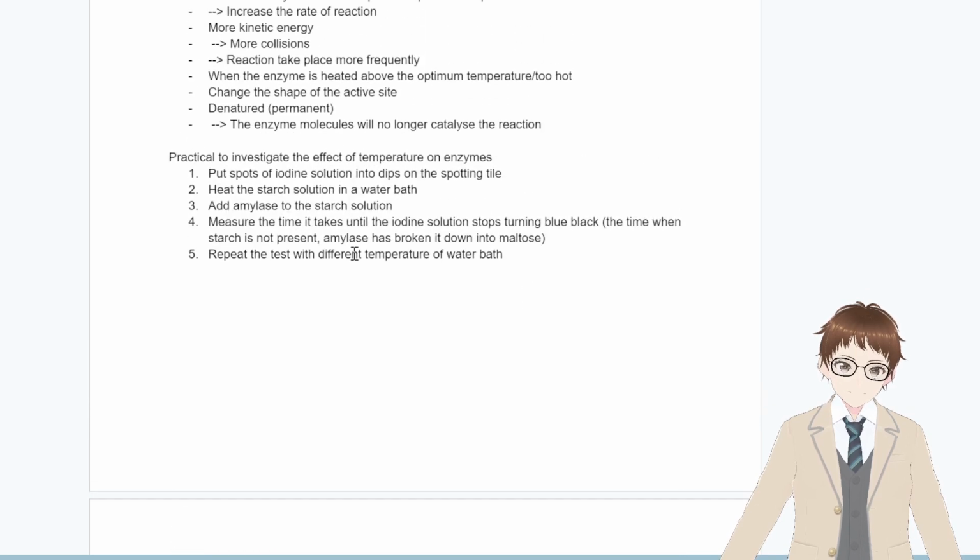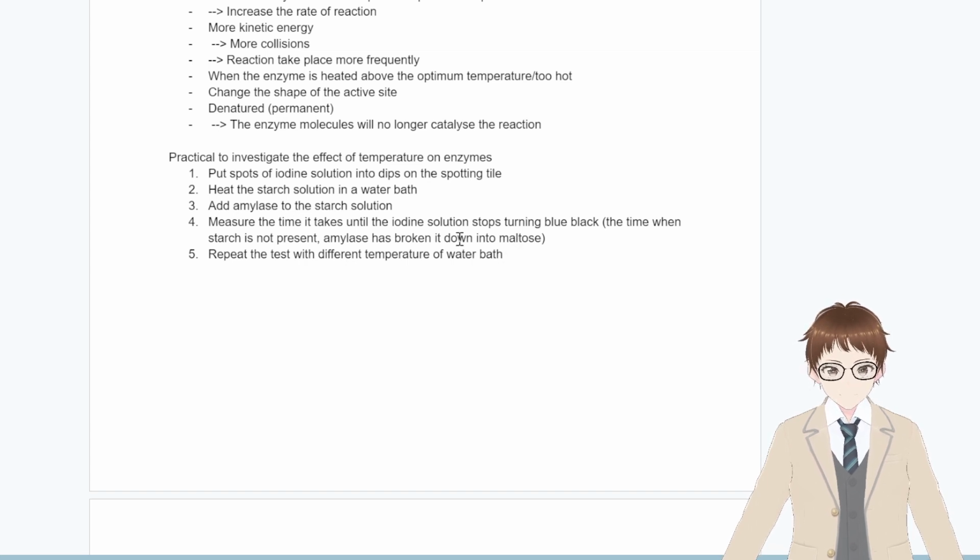For your information, if you want to list out some of the control variables, it may be the volume of amylase or the concentration of starch solution.